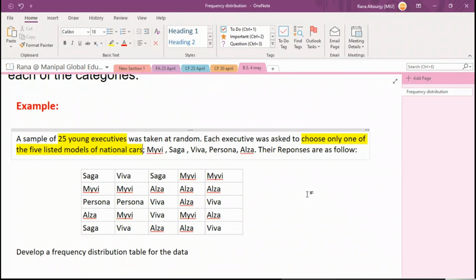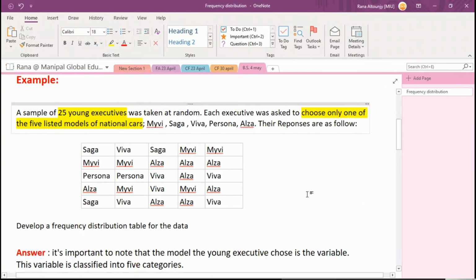So how can this happen? You need to keep in mind that the model is the variable. What did we ask them? We asked them what model they prefer. So the variable which we need to categorize is the model of the car.